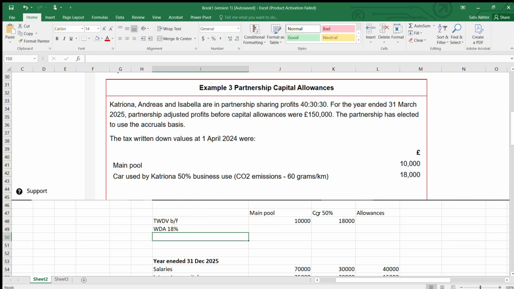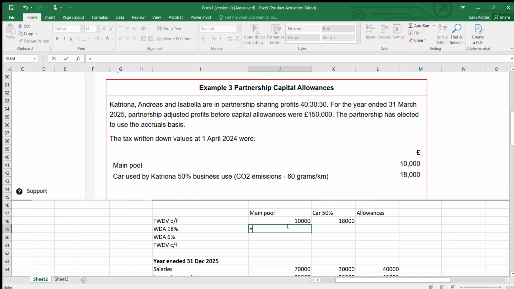And for the car, looking at the CO2 emission, it is 60, more than 50, so it will be WDA at 6%. And then we will have the tax written down value carried forward to the next year. Now, when you're taking it, take 18% of 10,000. Done. This is an allowance, so we'll write in the allowance column 1,800.